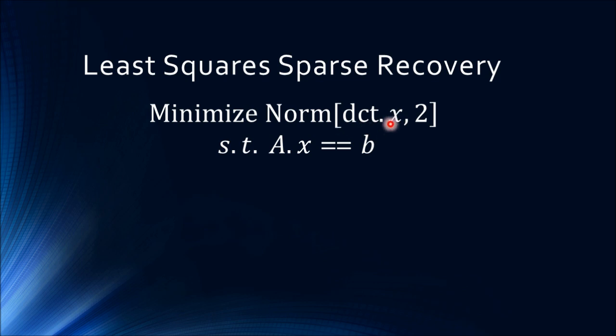So for any candidate X solution, take the DCT matrix of it to produce a spectrum, which is now sparse, and now take the square of that, your normal Euclidean norm, and find the vector of X's that has the smallest squared norm, and say that's the X that we will choose to satisfy this equation.